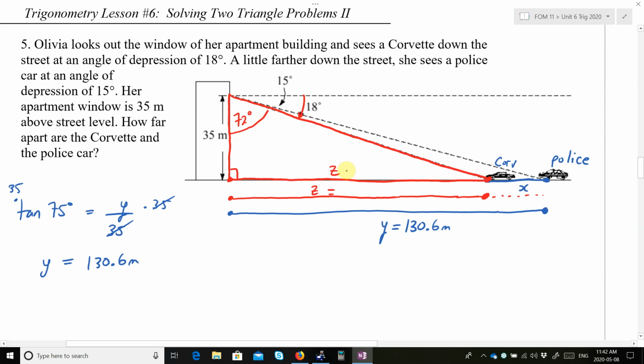Across from the 72 is the opposite, that's what we're trying to find. Across from the 90 is the hypotenuse, so again, this is adjacent. Working with opposite and adjacent, we go tan of 72 degrees is equal to Z over 35, and multiply both sides by 35.